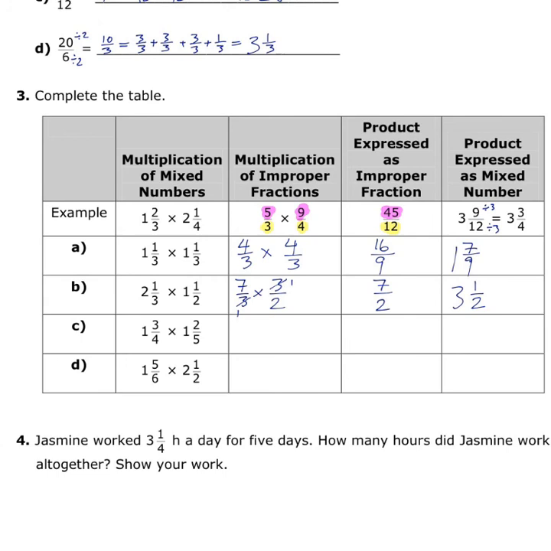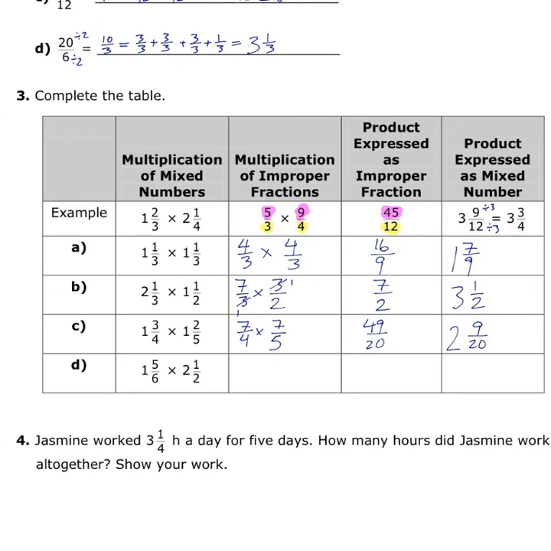Okay, so hopefully now you're just getting ready to check your answers, and let's see how they work out. So 1 3/4 is 7/4. 1 2/5 is 7/5. Multiplying these two gives you 49/20. 20 goes into 49 twice with 9 left over.